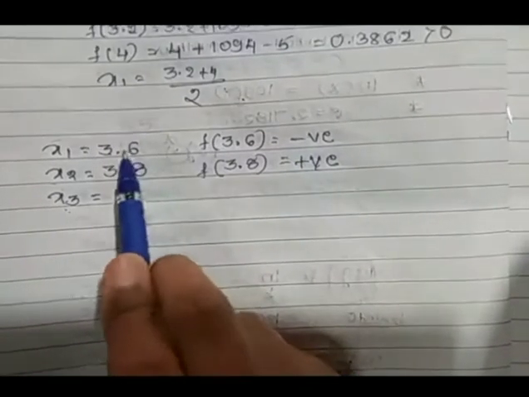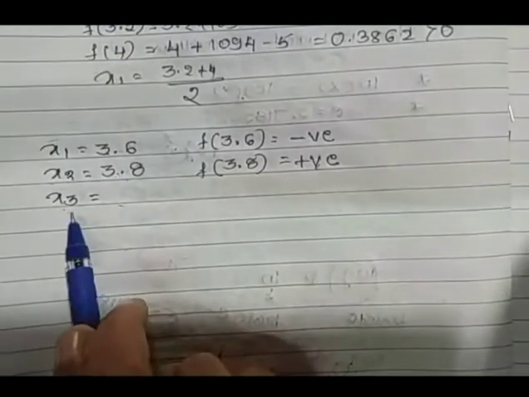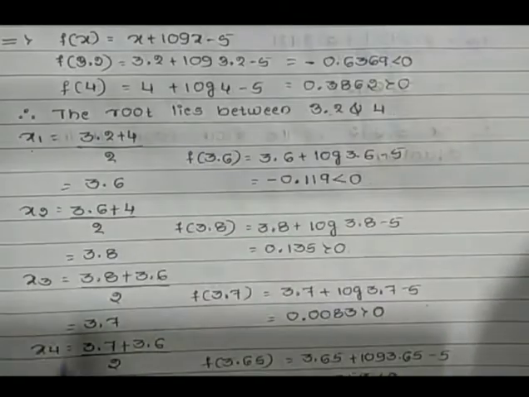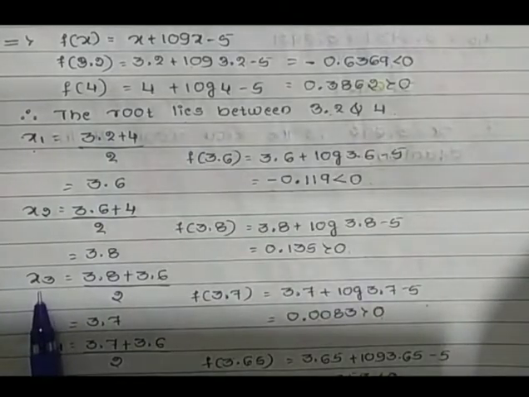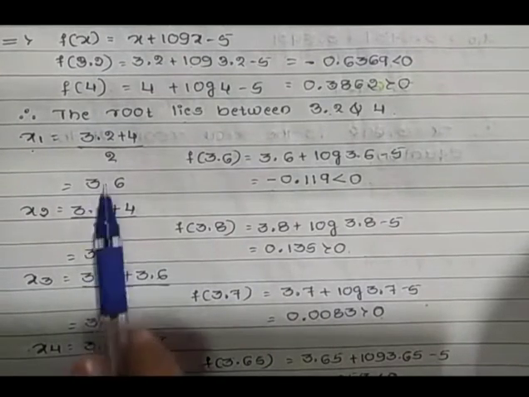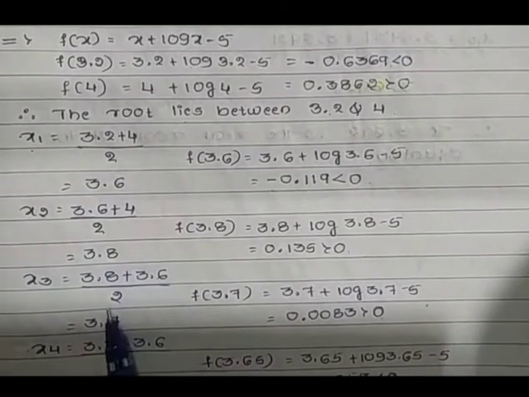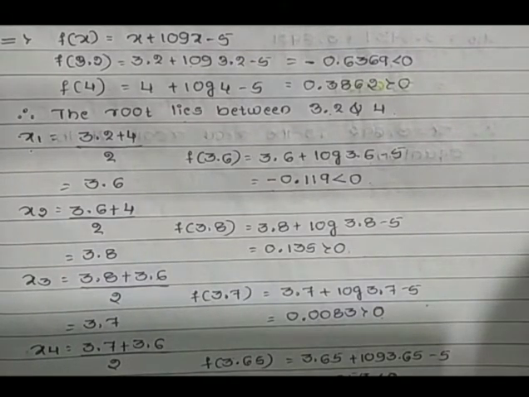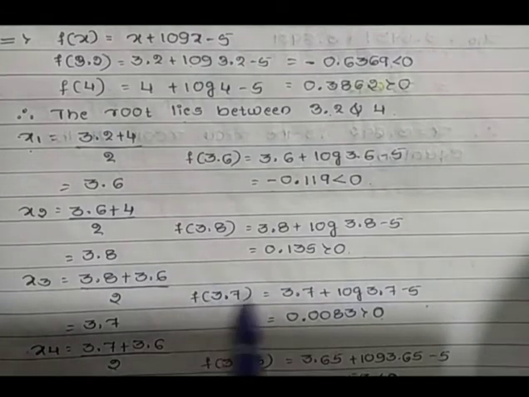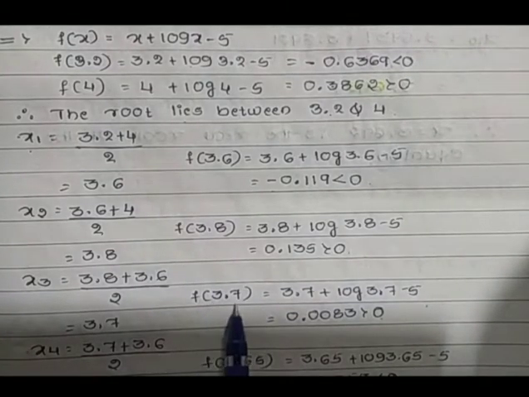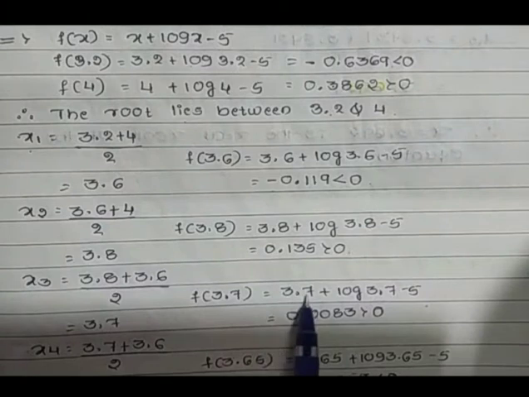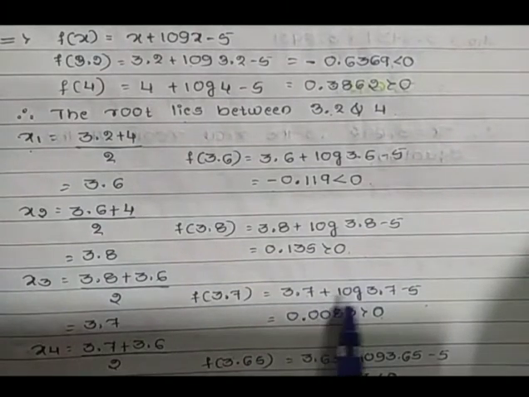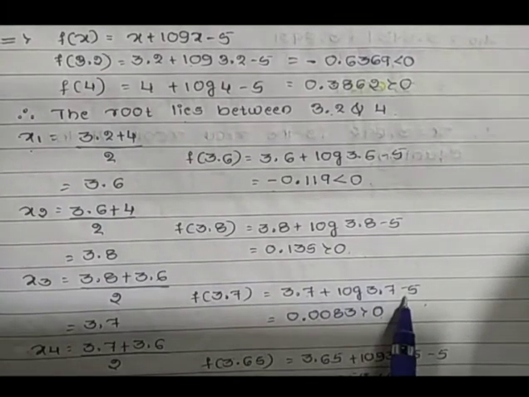Along with this, one more negative value. So add x1 and x2 to get the third approximation. For x3, add 3.8 and 3.6, divide by 2, we get 3.7, and this 3.7 we need to substitute in the function. So it is 3.7 plus log of 3.7 minus 5.